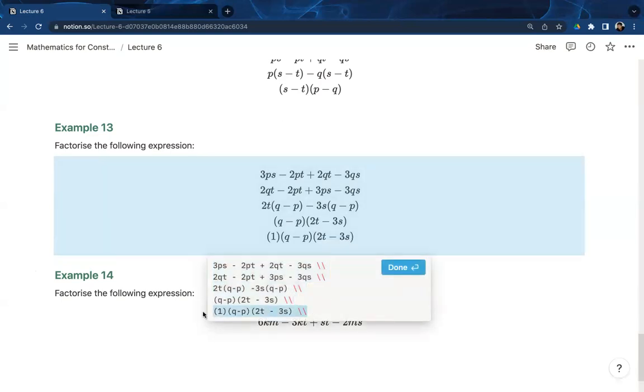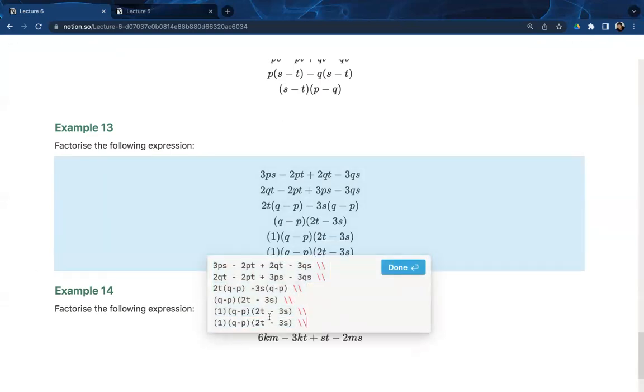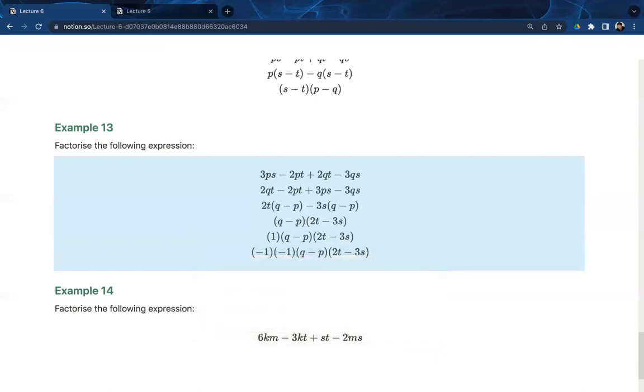If I change 1 into negative 1 by negative 1, agreed? Negative 1 by negative 1 is 1, right? If I multiply all these four things here, I'll get back the same thing up here, not so?